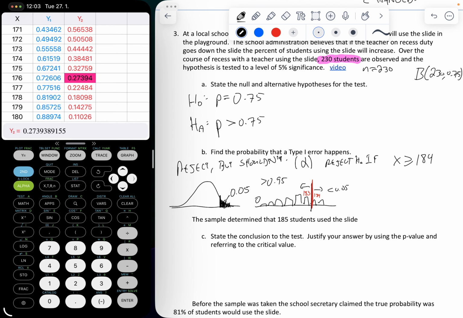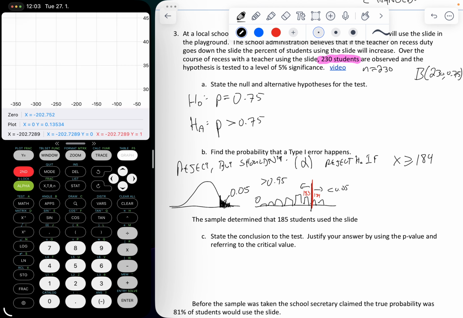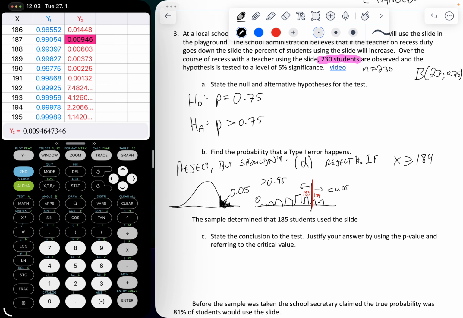And we can see here, when I hit that value, the kind of shortcut here is the first value under 5%. The first value under 5% is 0.04447, right?